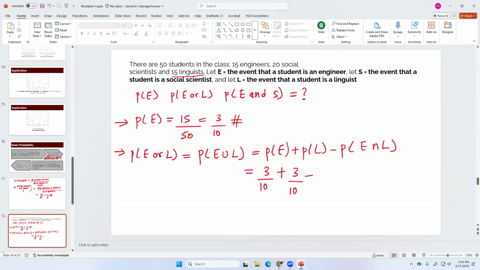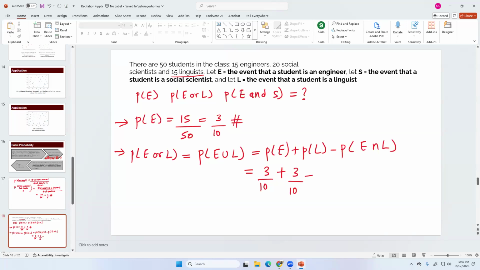What am I asking when I ask you the probability of this thing? If you have 50 students and I ask somebody to go and pick a student that is both an engineer and a linguist, is that possible in this case? No, right? Because all 50 students are separated out by major.